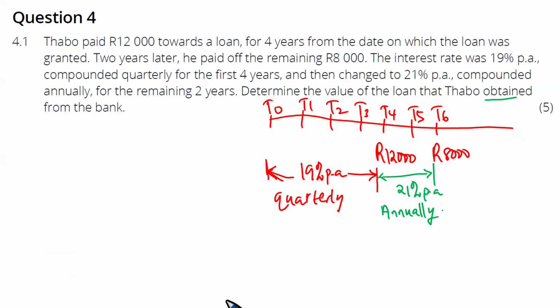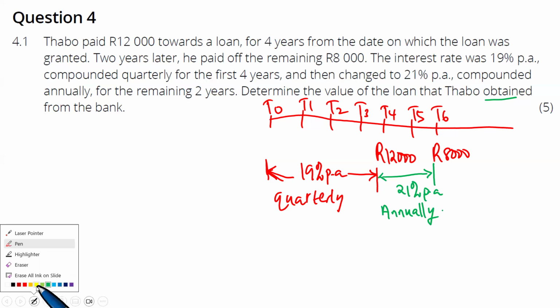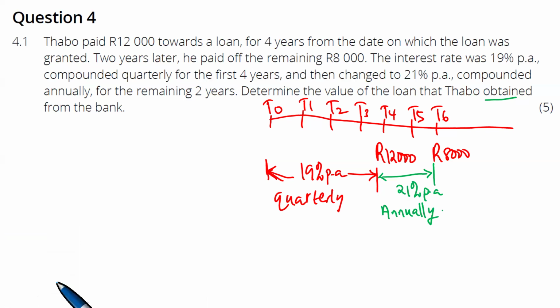Now, there are a couple of things that you need to take into account. If you want to determine the value of the loan, the way to do it is to backdate. You take the 12,000 here and you move it back to here. And then you also take the 8,000 here and you move it back to the beginning.